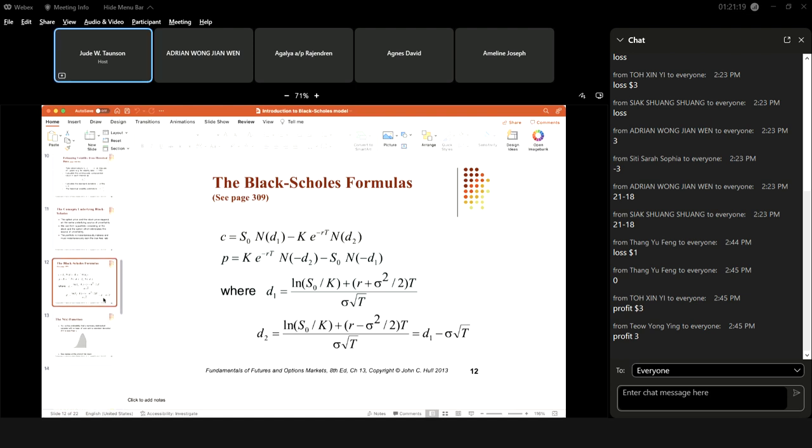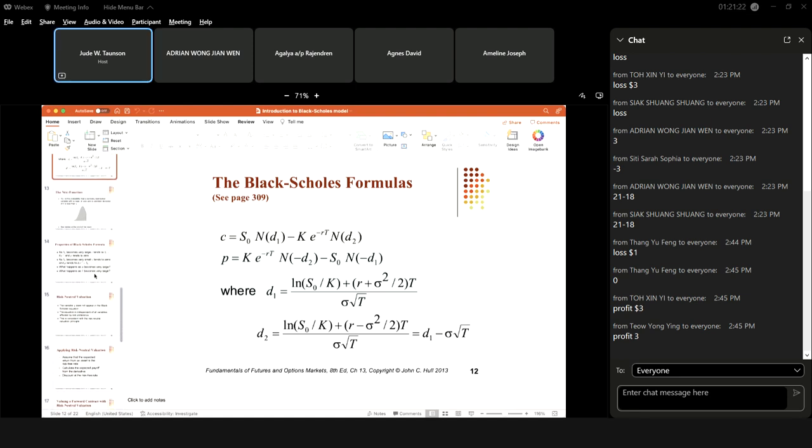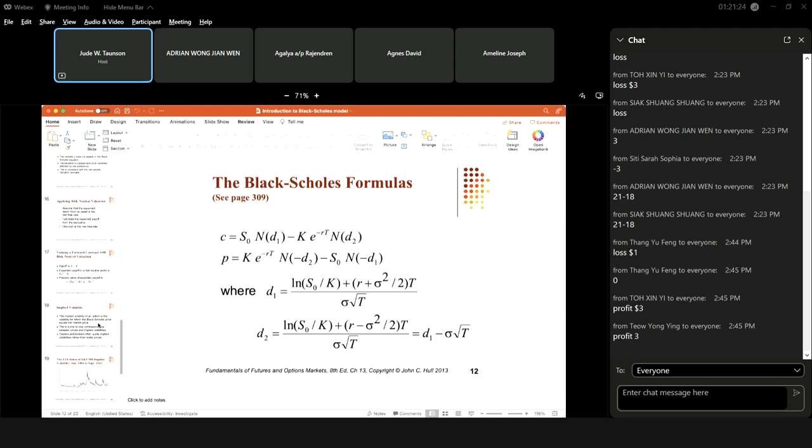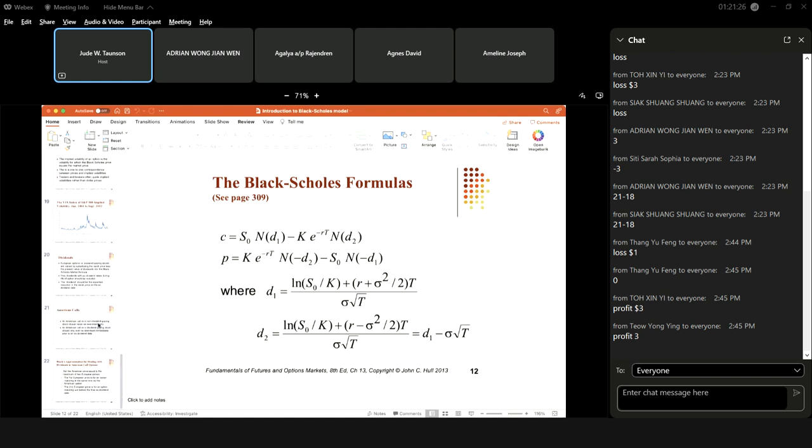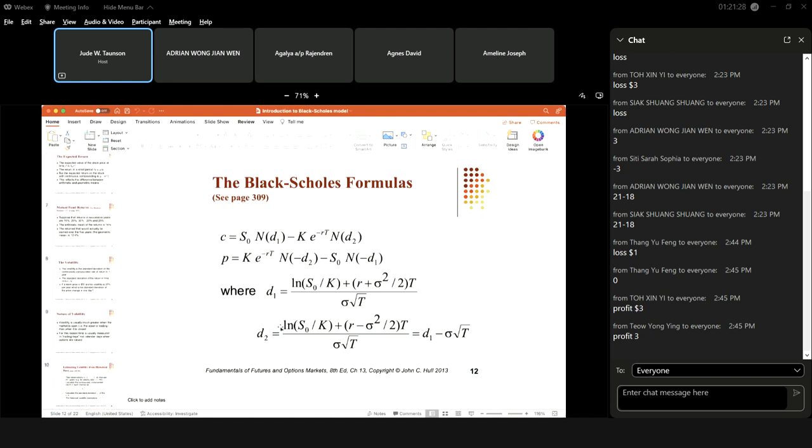Please read the properties, the assumption, and everything. This PDF PowerPoint slide has been uploaded in Smart3. If you like, you can get the slide and refer while discussing together.